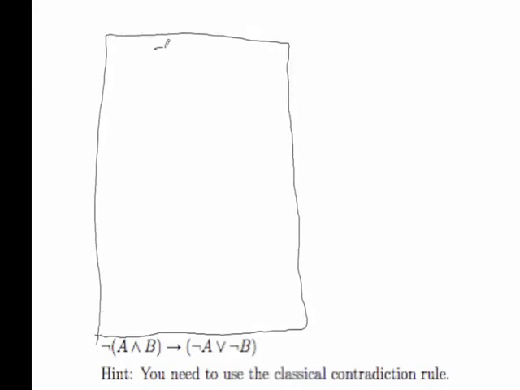So we start off assuming not A and B, and the target is to show A or not B. Even without the hint, it would be clear we need to use a classical contradiction rule, because in order to argue for an OR without it, we would have to be able to prove not A, or we would have to be able to prove not B. It's maybe not so clear to see, but I'm just explaining that it is possible to argue that way.